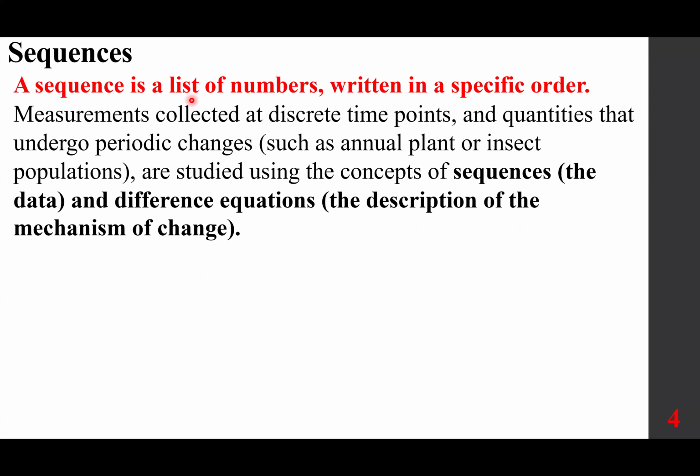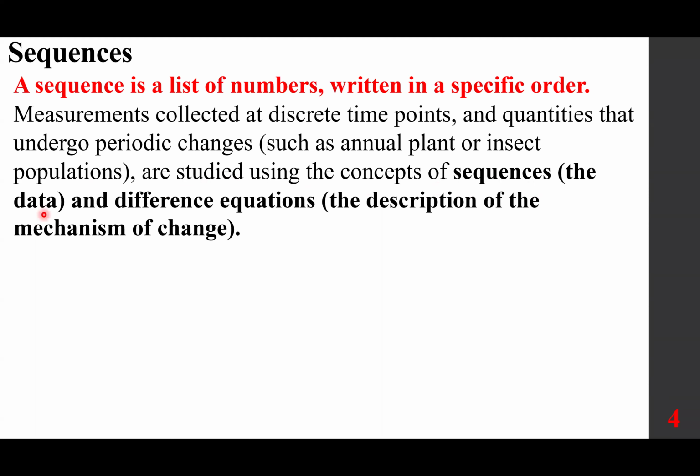Sequences. A sequence is a list of numbers written in a specific order. Measurements collected at discrete time points and quantities that undergo periodic changes, such as annual plant or insect populations, are studied using the concepts of sequences, the data, and difference equations, the description of the mechanism of change.